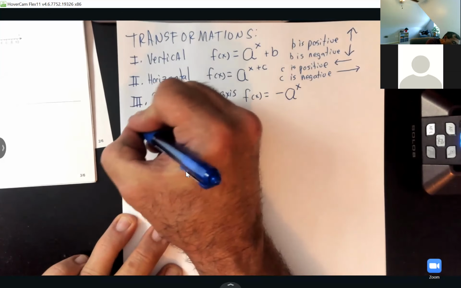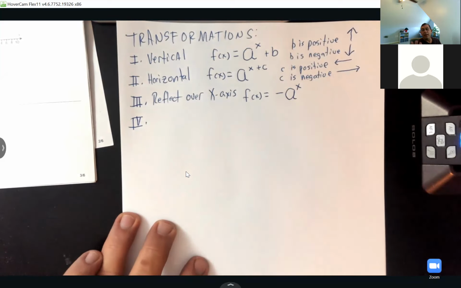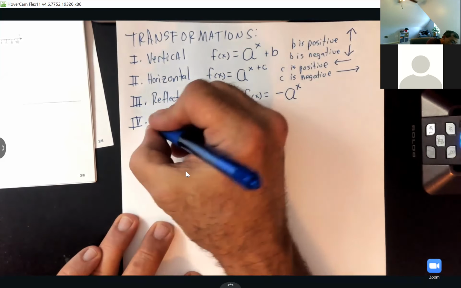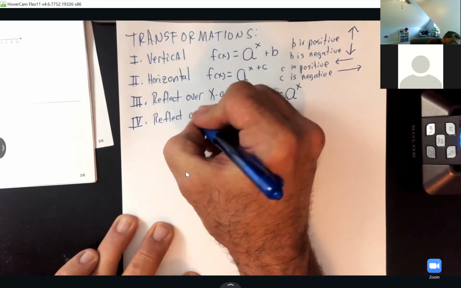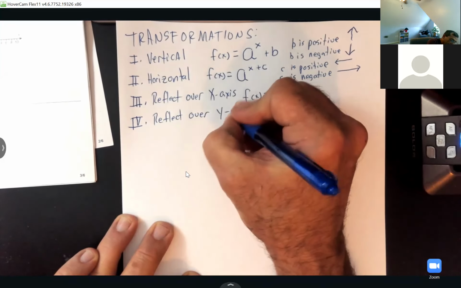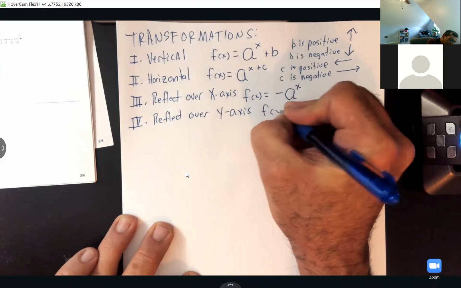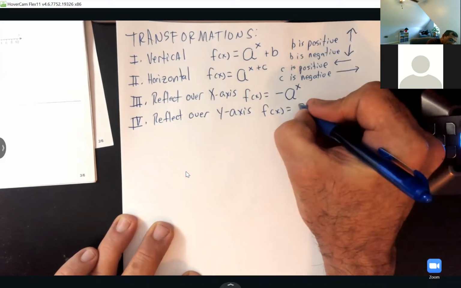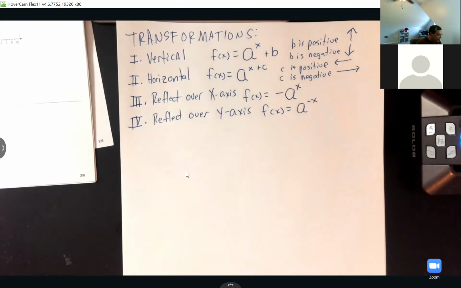And y'all, the new move is to reflect me across the y-axis. That'll be in this form, f of x equals a to the negative x.